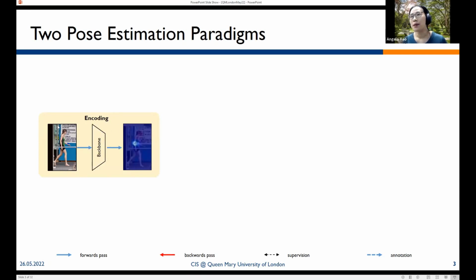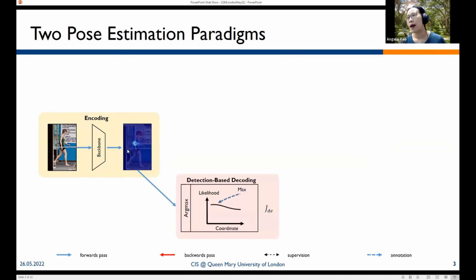And so what happens is you end up with this image with a bounding box around the person already, and then you pass this through some sort of backbone to estimate some image features until you get some heat map output with respect to a specific joint. So that's what we've called encoding here. And then what we're going to refer to as decoding is converting this heat map into the joint coordinate J hat here, as I'm showing here.